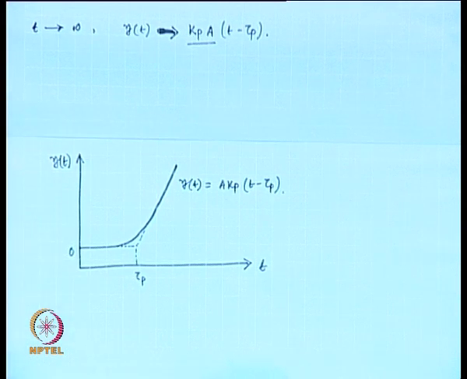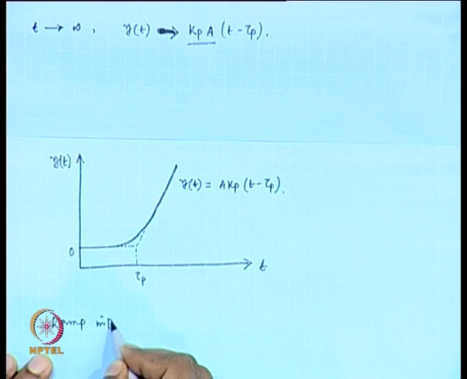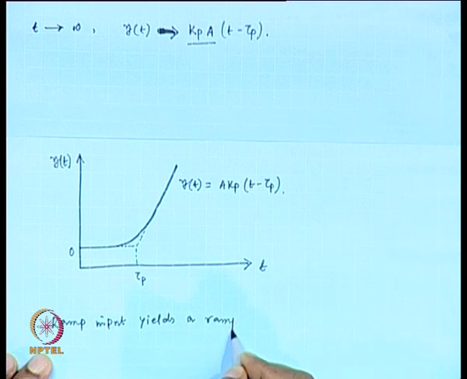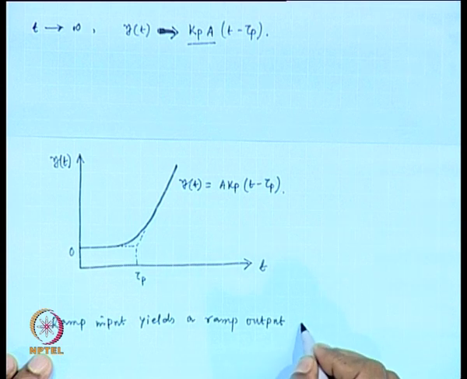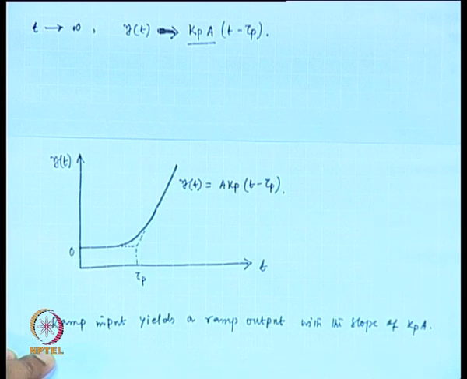Fine. So, we can say that the ramp input, as I told, yields a ramp output with the slope of K_p A. Fine.